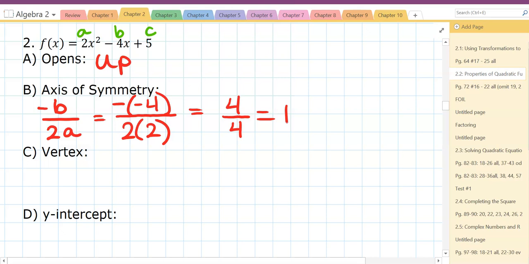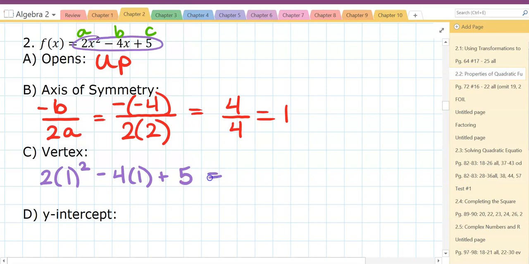So now we take 1 and we plug it into this function up here. So we're going to take 2 times 1 squared minus 4 times 1 plus 5. So you're going to have 1 squared, which is just 1, times the 2.